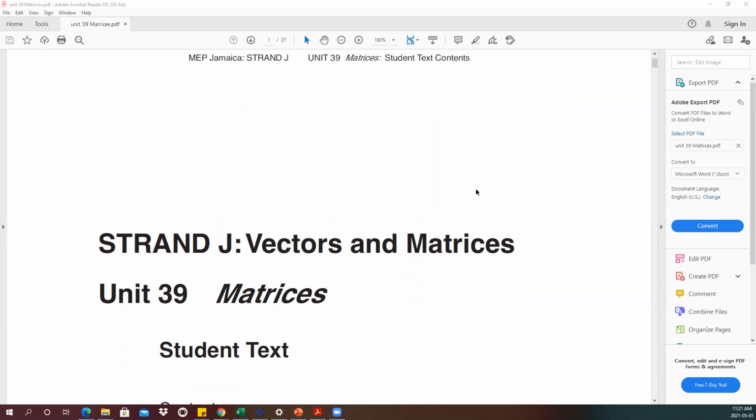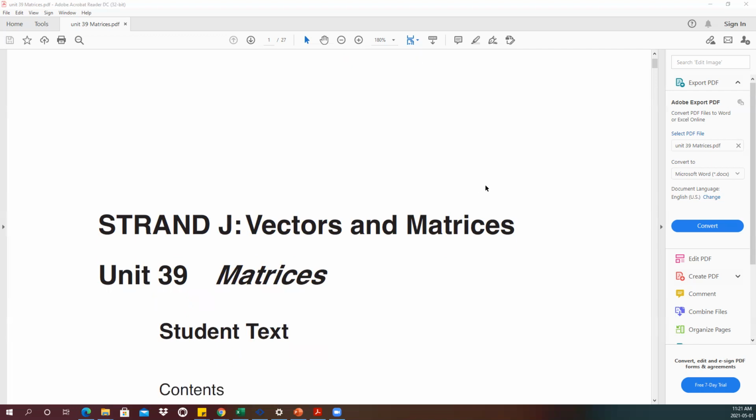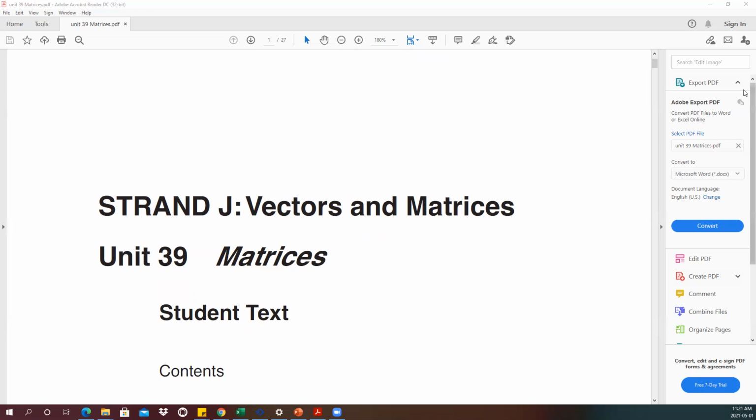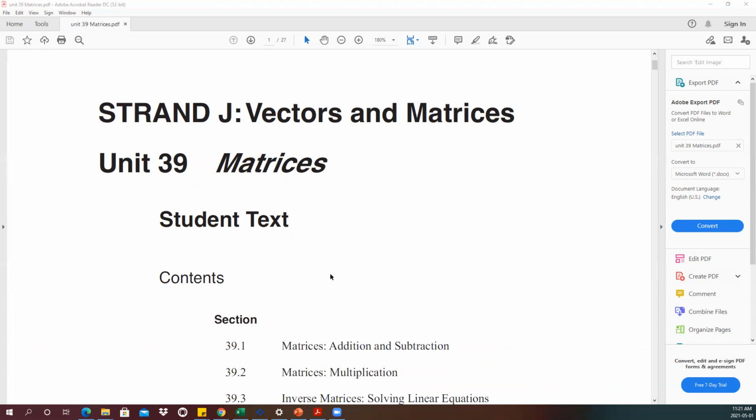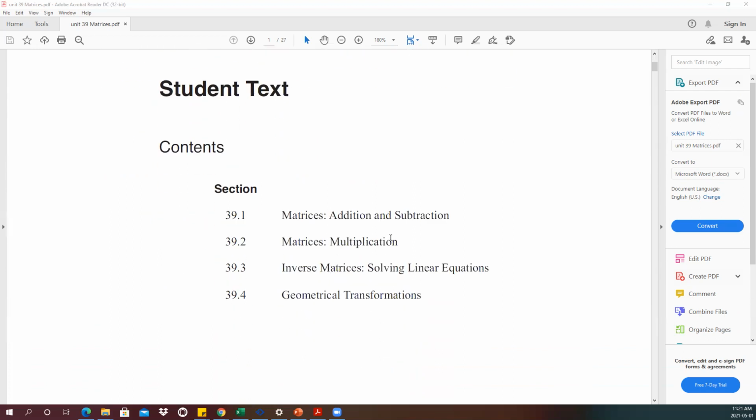So let's kick start. We're going to look at matrices today. We're mostly going to stick to the notes, and if there's any pressing work, we'll work it on the other screen. You should be familiar with matrices somewhat.